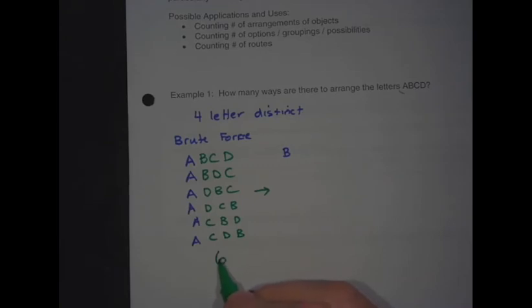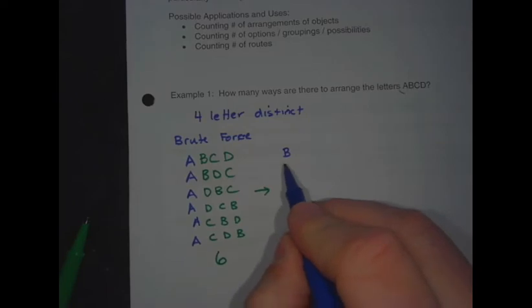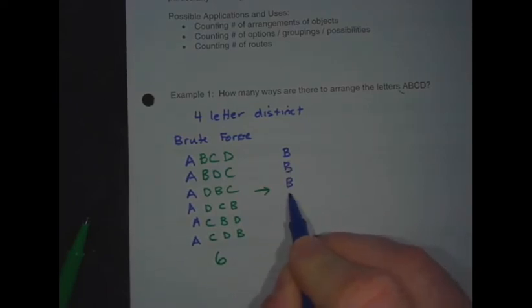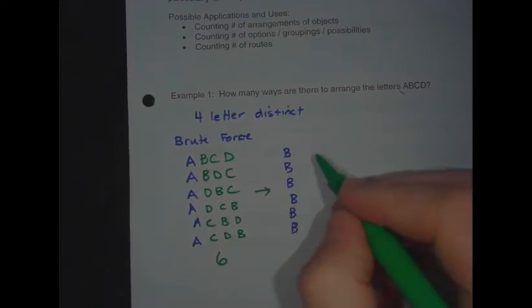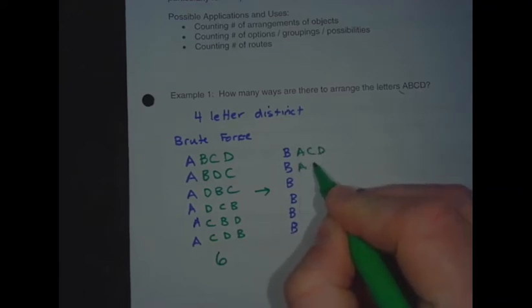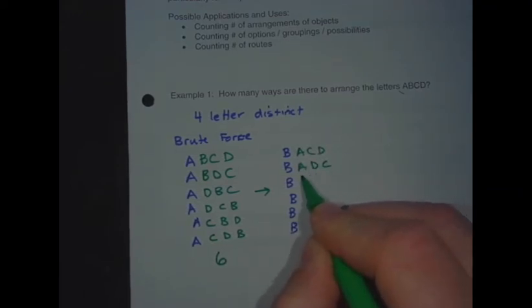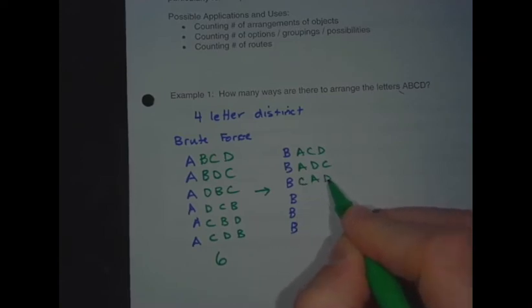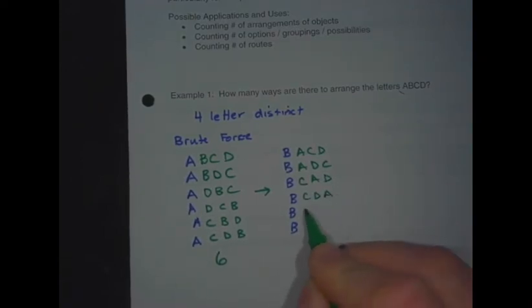Here we have 6 objects when we start with letter A. Hopefully we'll see as we go forward, there are probably going to be 6 other ways to do that starting with letter B. So B, A, C, D, B, A, D, C, and then let's put C out front, and then put D out front, and I could continue with that.